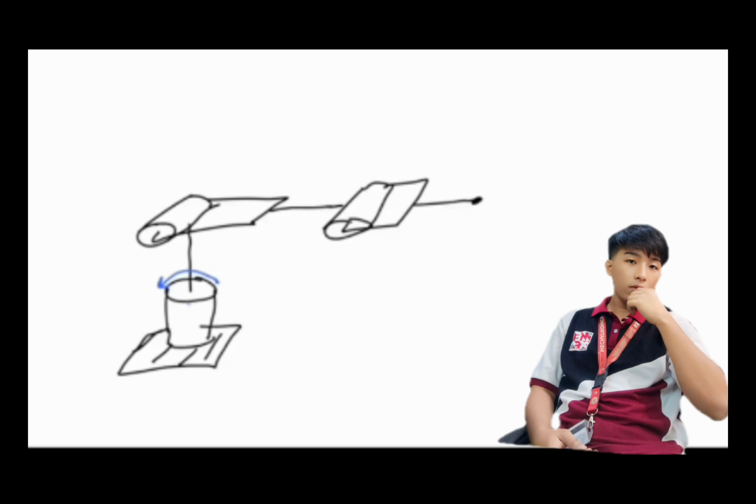So from the base, this is theta 1, positive theta 1 because it is counterclockwise. From the second joint, there will be theta 2 because the link length moves up. From the third joint, there will be negative theta 3 because it is counterclockwise.